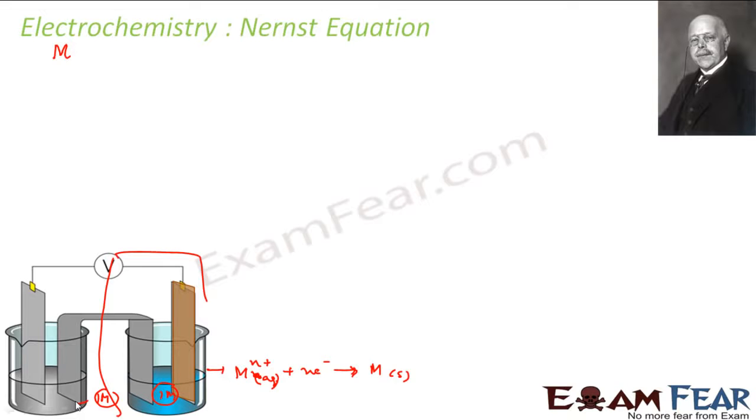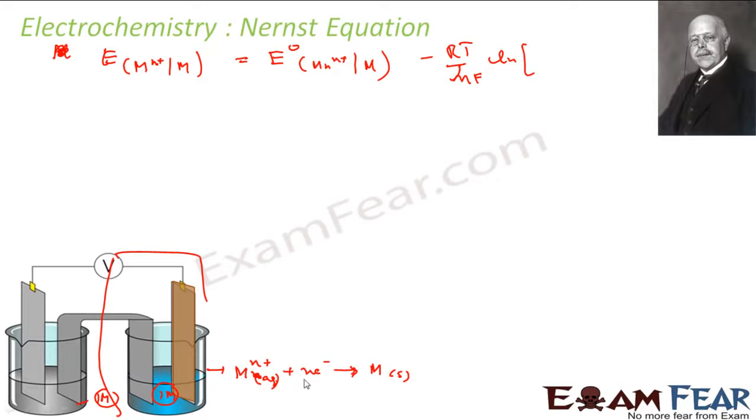So the electrode potential at any concentration, measured with respect to the standard hydrogen electrode, can be written as follows. For this concentration, the electrode potential for this half cell, E of M^n+ to M, is nothing but E naught, which means standard, of M^n+ to M, minus RT by nF ln K for this reaction.